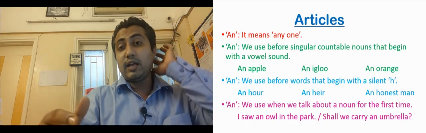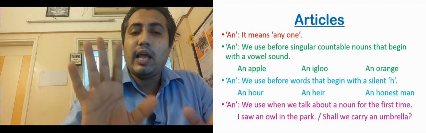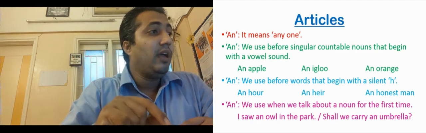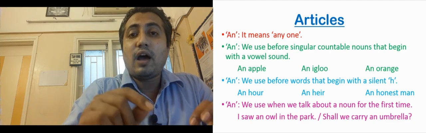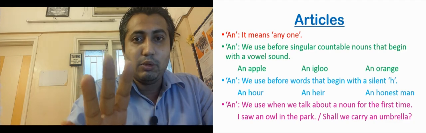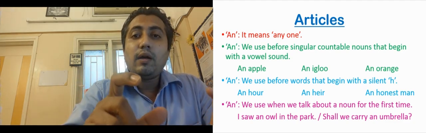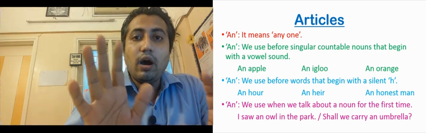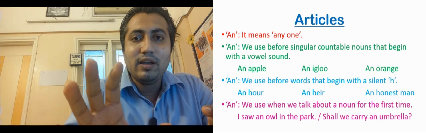There are some nouns which start with h, but the h is silent. For example, hour: we pronounce it as "our". We don't pronounce the h. So h is silent, and the a sound is a vowel sound, isn't it?